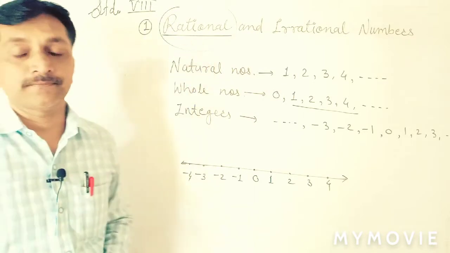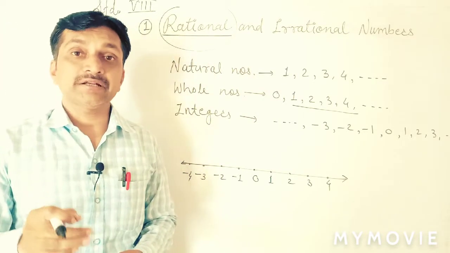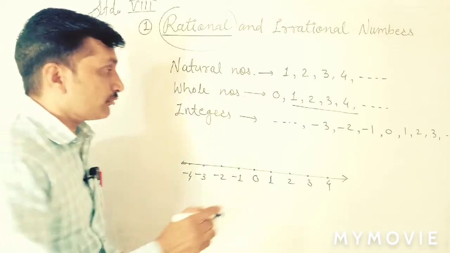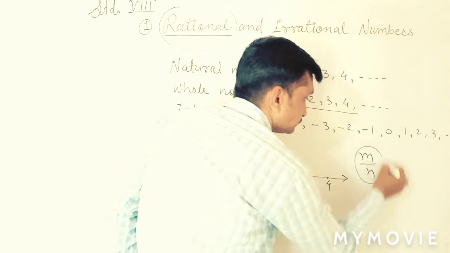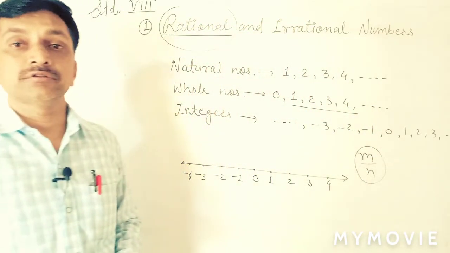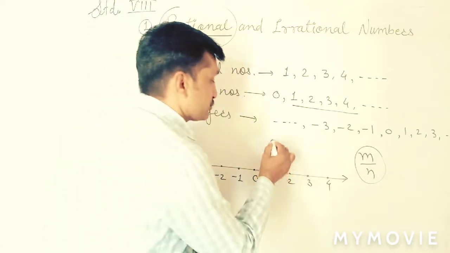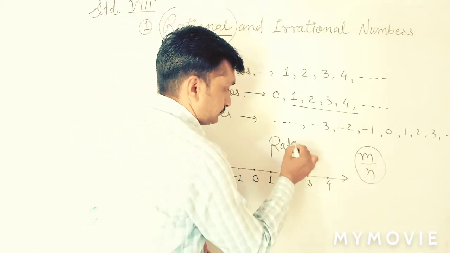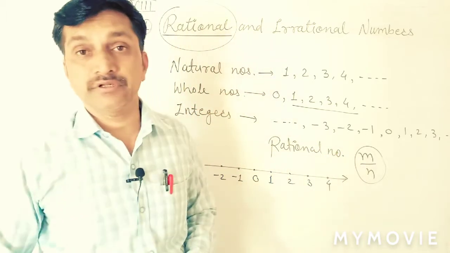What is a rational number? Any number that is written in the form of m upon n is called a rational number. In other words, a fraction.